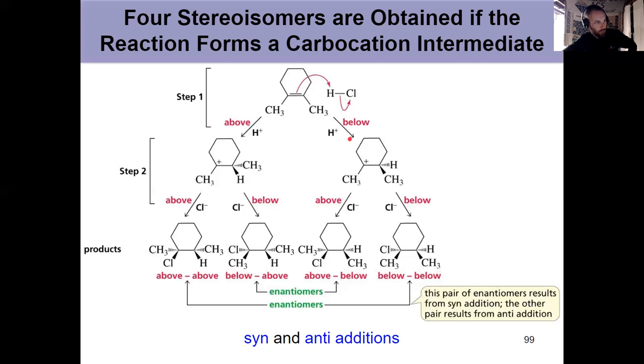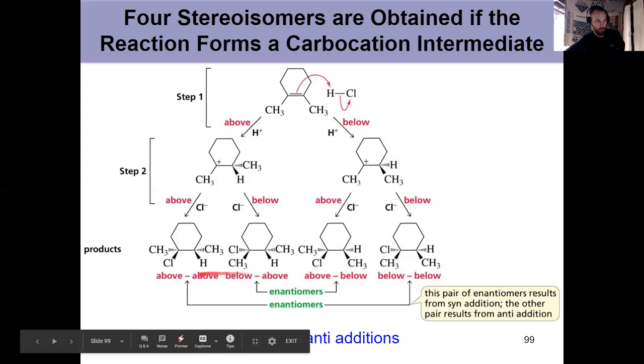So notice the difference right here on this slide. That's giving me different stereochemistry there. Then I've got that carbocation intermediate, again planar right there. And then my chloride nucleophile can add above and below to that one, or above or below to this one. So it's 4 combinations of above and below: above, above, below, above, above, below, below, below.